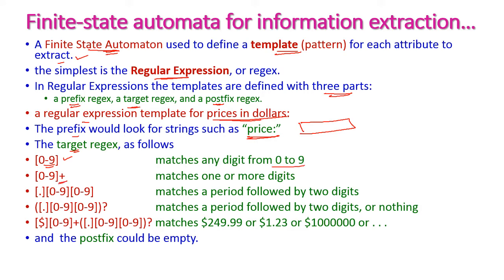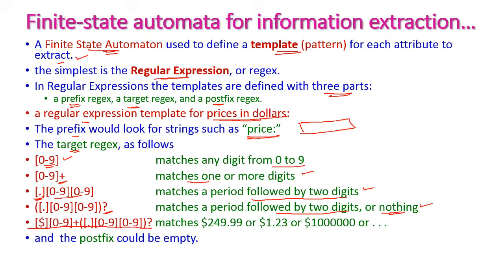If we include a plus sign followed by digit, it means one or more digits will be displayed here. Suppose a point followed by 2 digits, so the period followed by 2 digits, and the question mark means if there is a digit that will display, otherwise nothing. So finally this is our format.